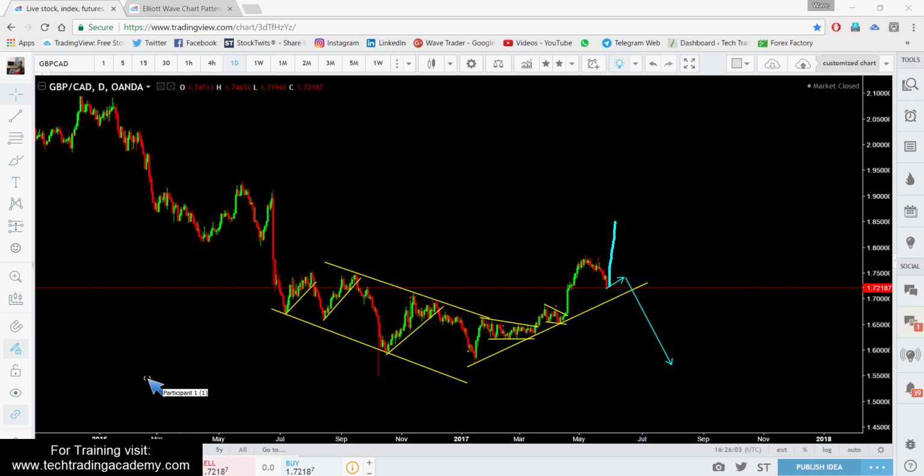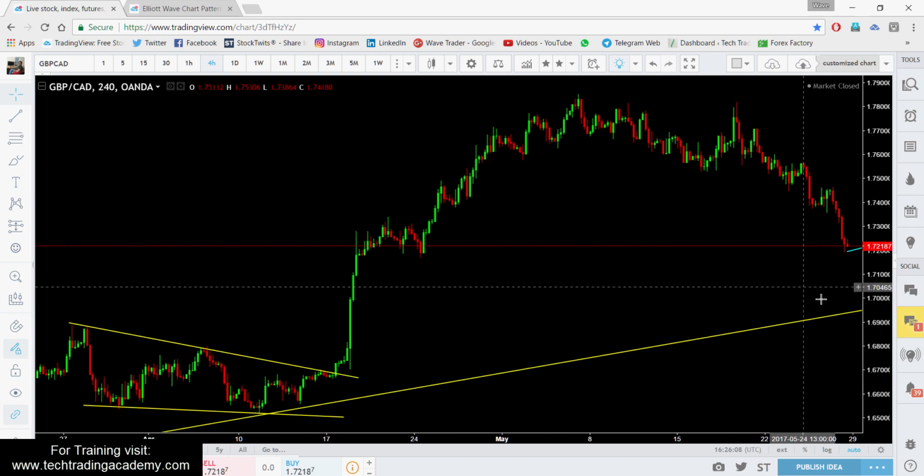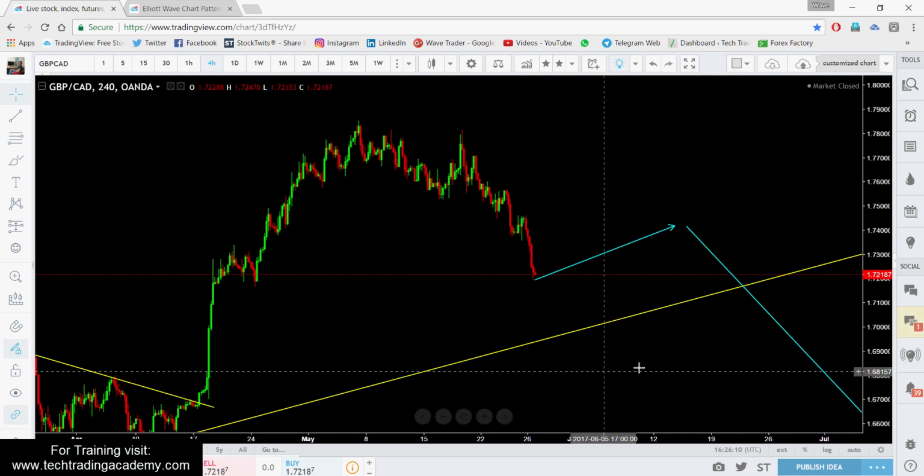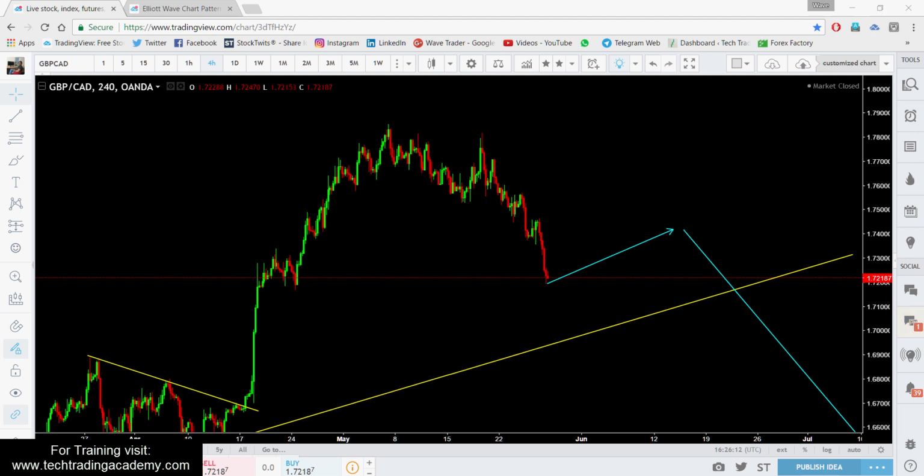Let me show you what kind of formation we're going to look for at this area for further selling. We need to look for a continuation formation somewhere here at this area, then we're going to start to sell this pair.